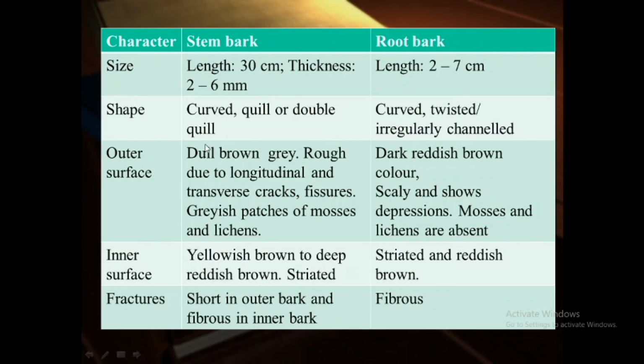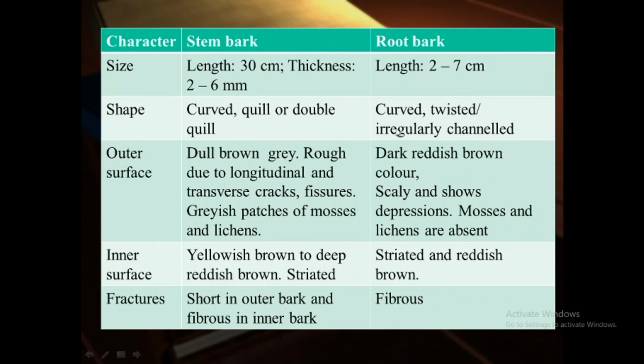The outer surface of stem bark shows dull brown to grey color, and the surface is rough due to the longitudinal and transverse cracks and fissures. This outer surface shows greyish patches of mosses and lichens, the most important point.